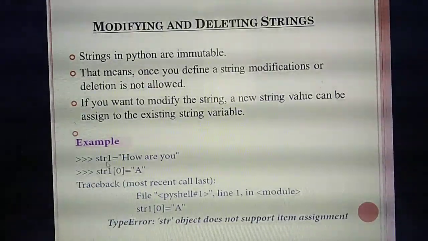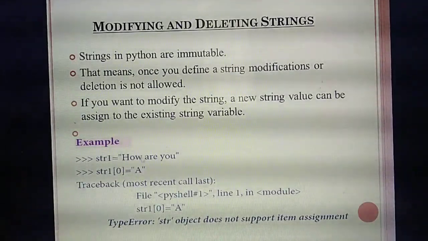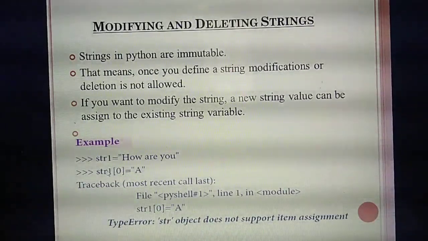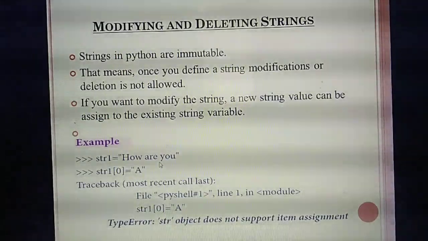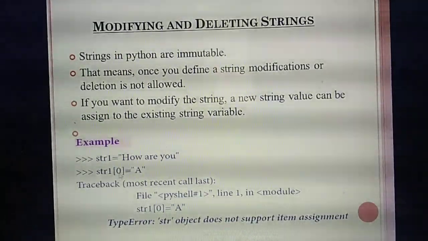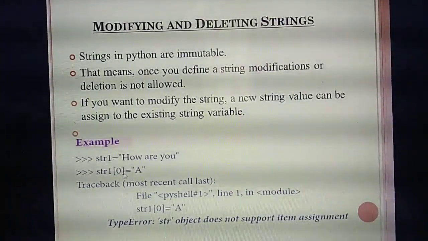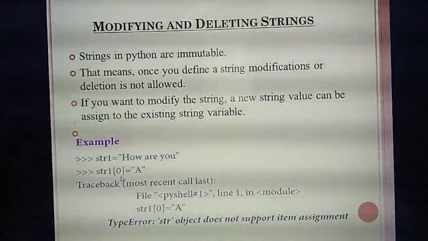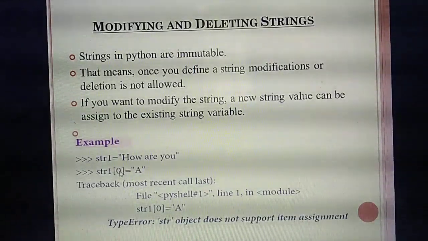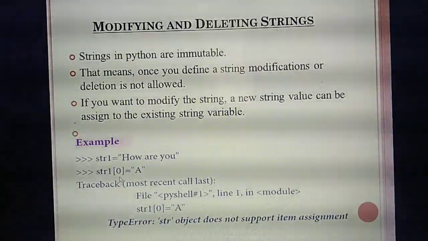See this example. I have declared one variable called str1. In this they have given one sentence, how are you? Okay. In the next line, see str1 of 0. What's the meaning of this? Whenever in a program the values are given inside the brackets like this, you need to know this is the index value of the particular character.